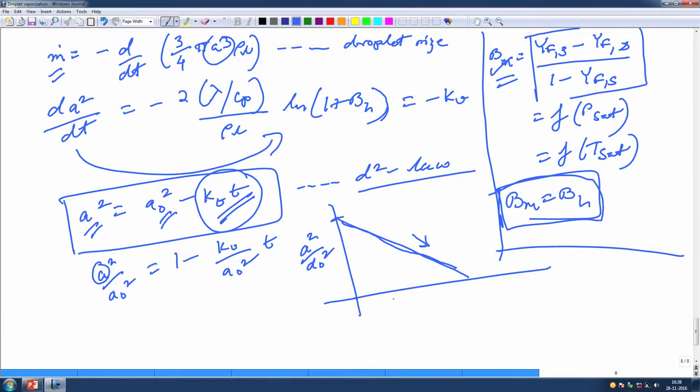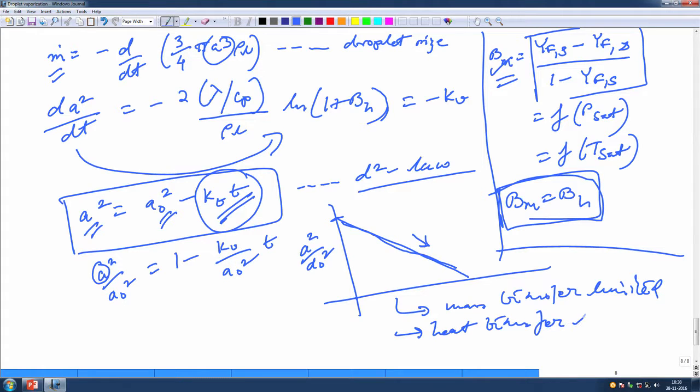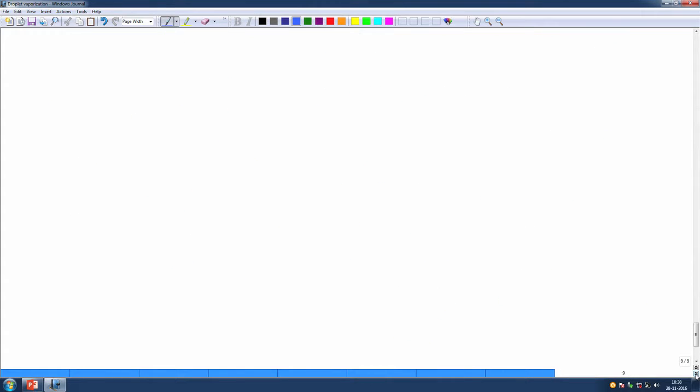So, there are basically two things, mass transfer limited or heat transfer limited. These are the two cases that you have over here.